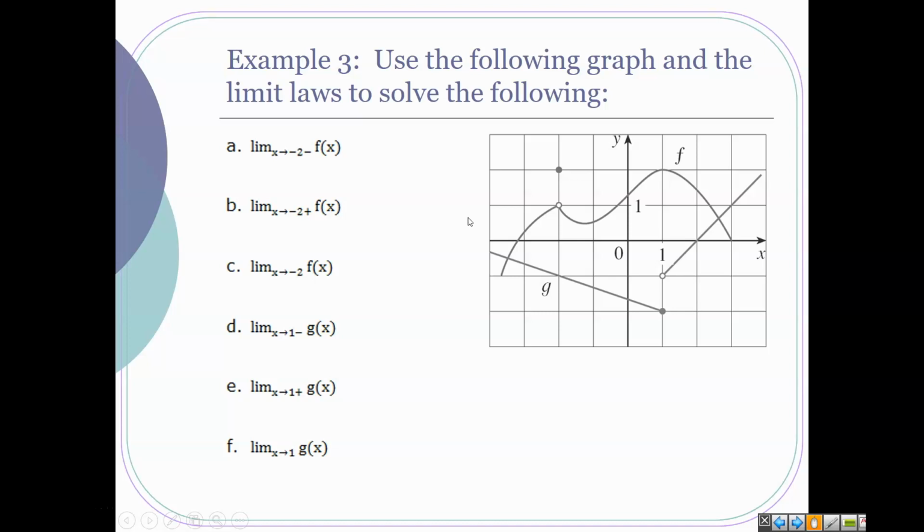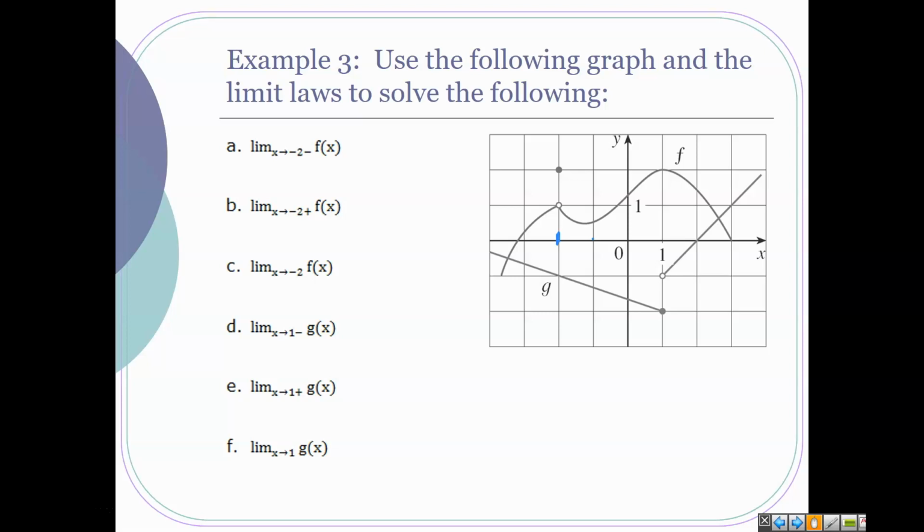So the best way to understand is to explore. In part A, it says the limit as x approaches -2. So I'm going to go to my graph and look for -2. That's on this axis right here.